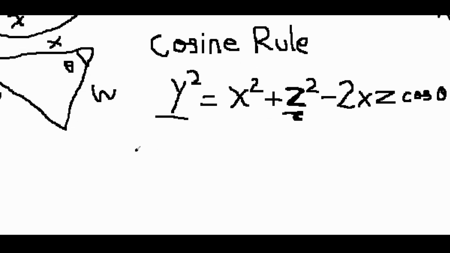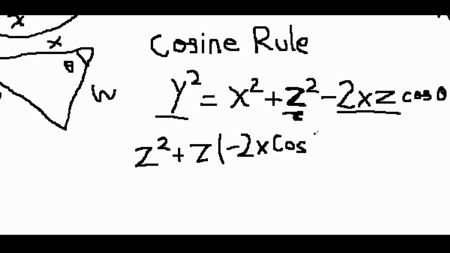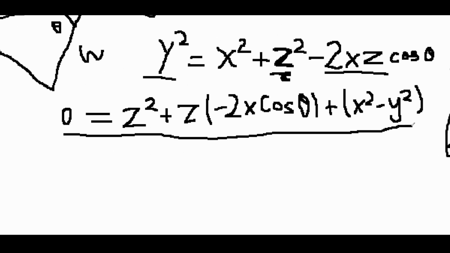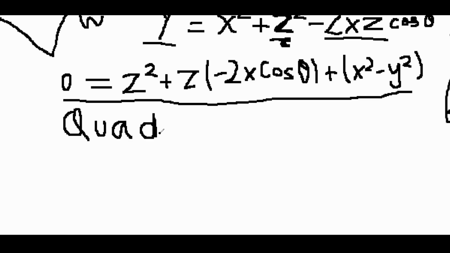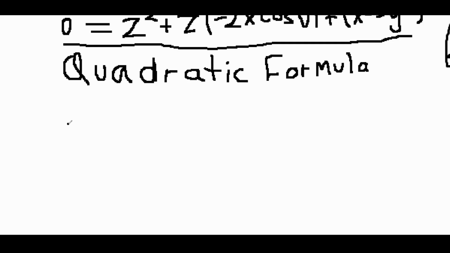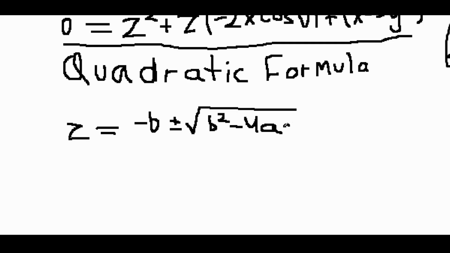Now let's arrange it in terms of z, and you can see that this has a quite familiar pattern. Now this entire equation equals 0, so we can use the most overused formula in all of mathematics, the quadratic formula. Writing it in terms of z gives us negative b plus minus under root b square minus 4ac divided by 2a.